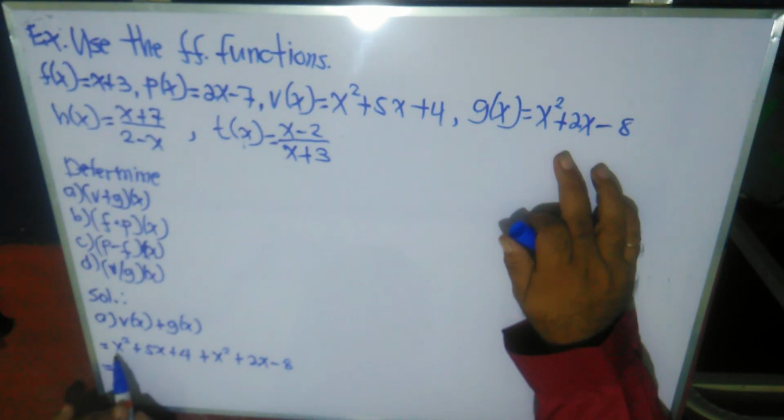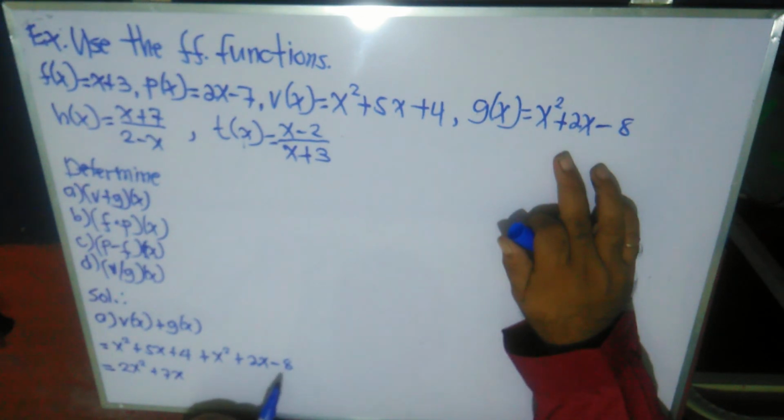We can combine x squared and x squared, it becomes 2x squared. We combine 5x and 2x, it becomes 7x, and we can combine 4 and negative 8 by the law of signs, that is negative 4. So this is our answer.